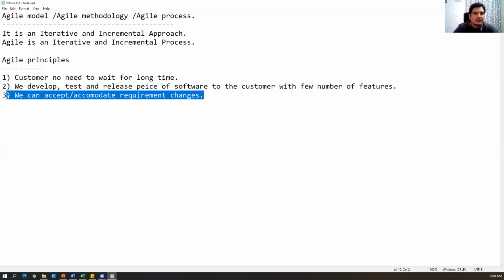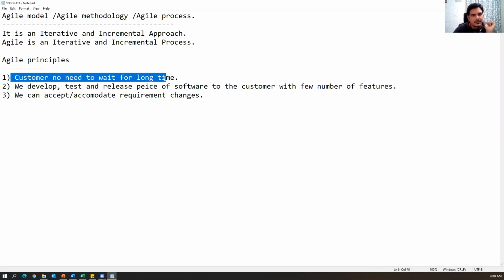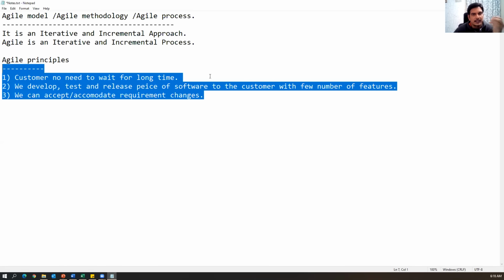At any time of the software development process, we can accept and accommodate the requirement changes from the customer. So the first principle is the customer no need to wait for a long time, so that we deliver a piece of software every time with a few number of functionalities. And we can accommodate the requirement changes at any time. So these are the agile principles, guys.